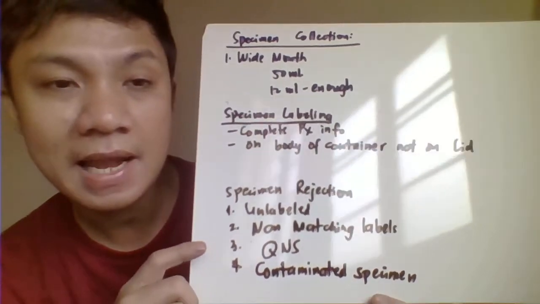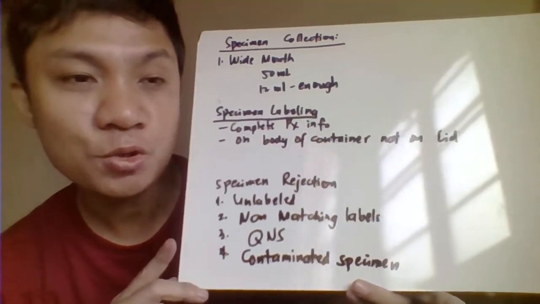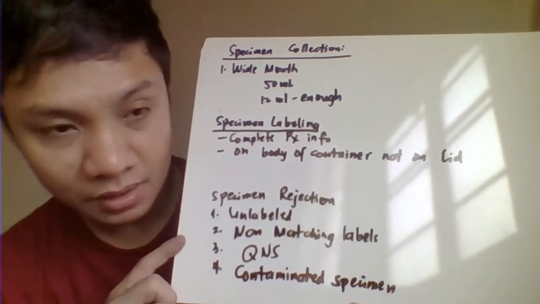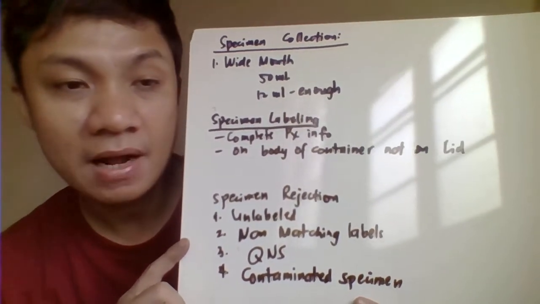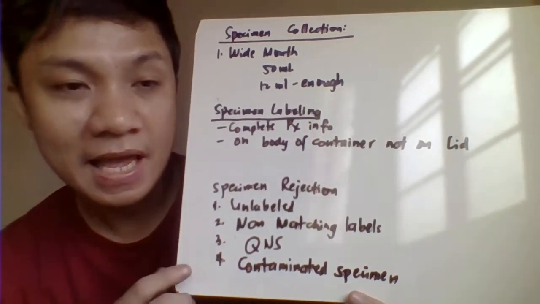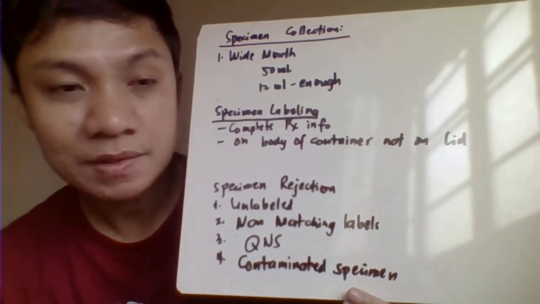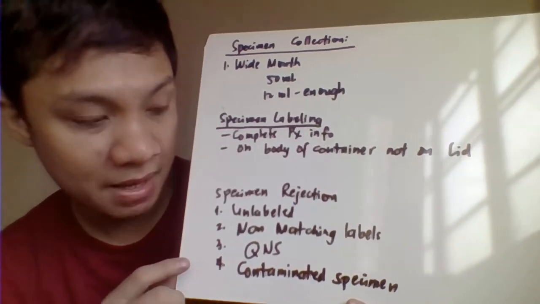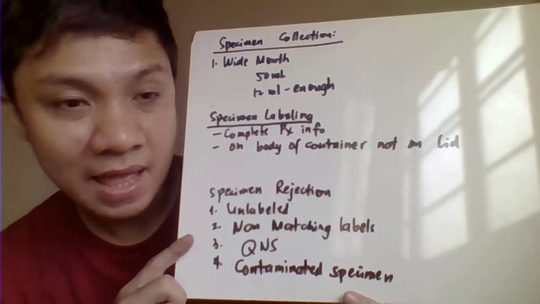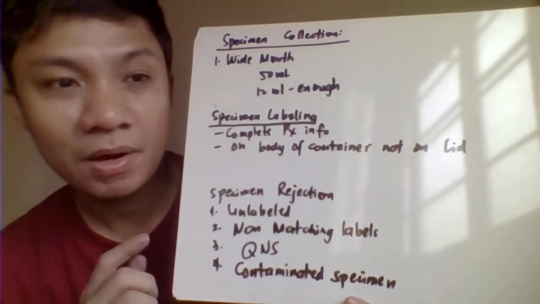The first one, unlabeled. We do not assume that a specimen is always for that patient unless it has a label. And a specimen should always be accompanied by the requisition slip, and the label of the requisition slip should match the label of your specimen. Another one, QNS, quantity not sufficient.